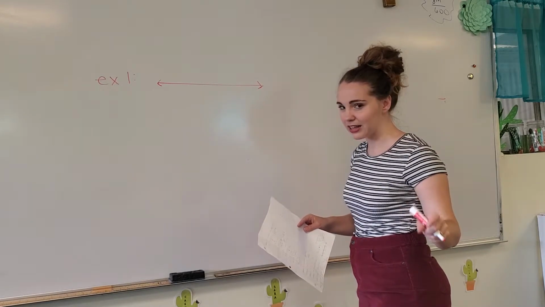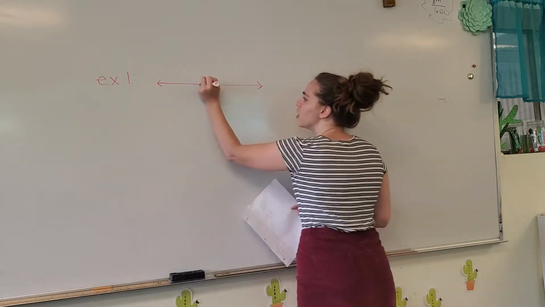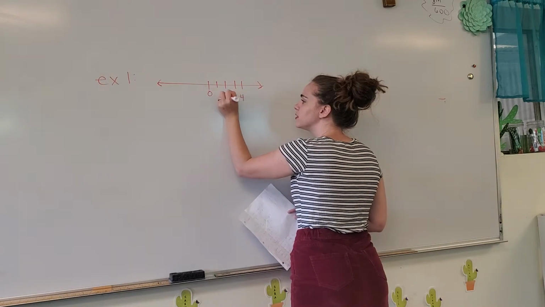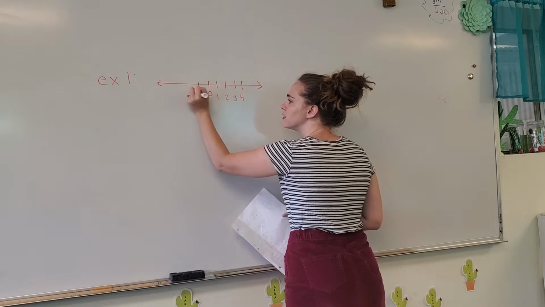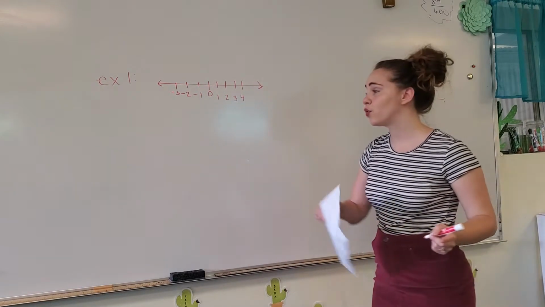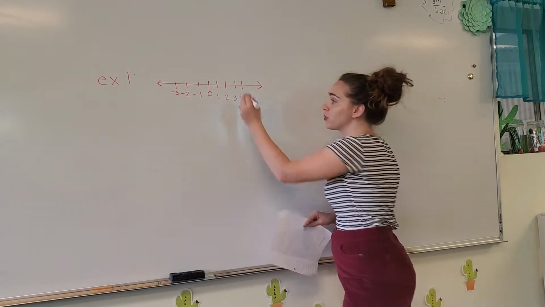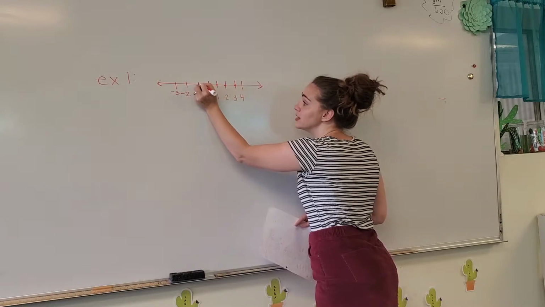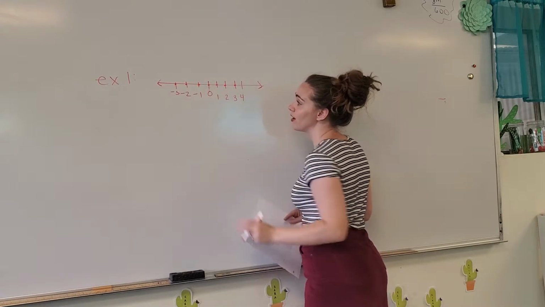It can't be anything in between. So 1, 2, 3, 4, and -1, -2, -3. Okay, integers less than 4. So 4 isn't part of it. But 3 is, and 2 is, and 1 is, and 0 is, and -1, and so on and so forth.